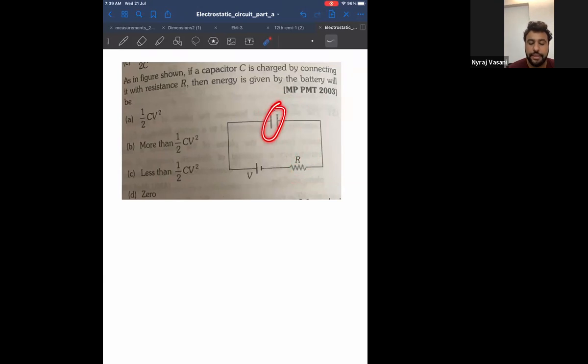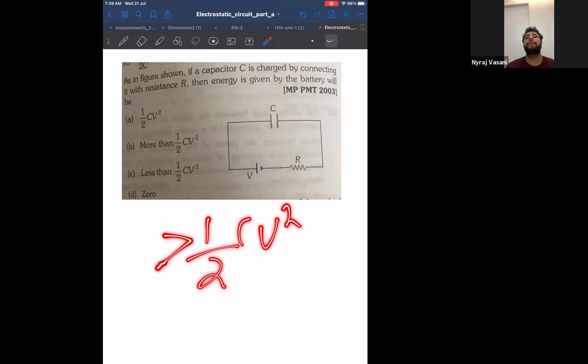My capacitor or my energy of half CV square has to compensate for that heat. Therefore, I don't have to have half CV square. I have to have a little more than half CV square so that if there is heat in the system, my total energy compensates for that. Therefore, it has to be greater than half CV square.